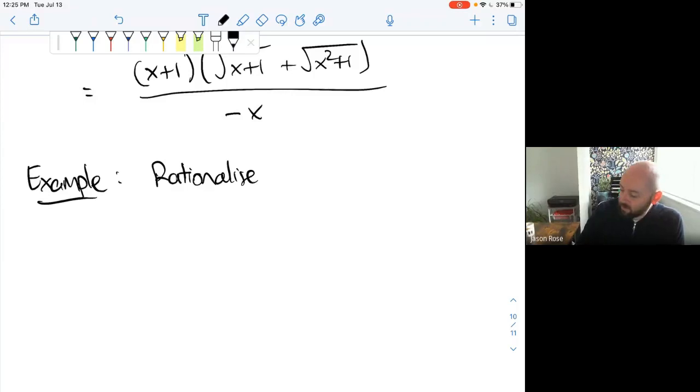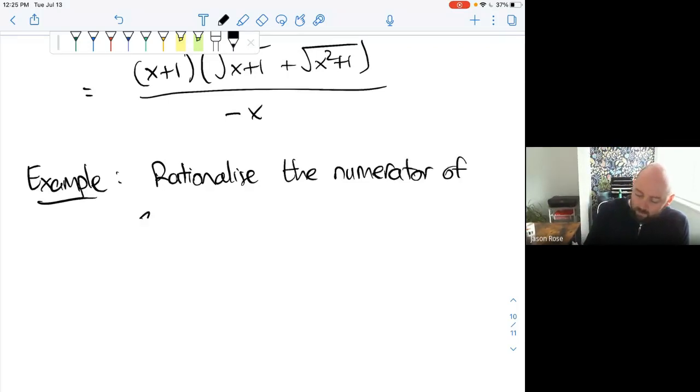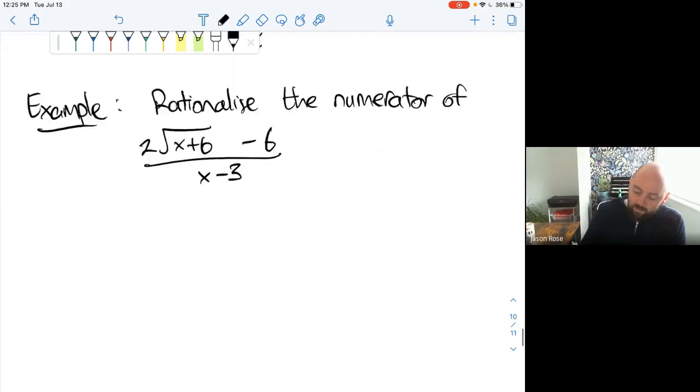This time it's rationalize the numerator of 2 times root x plus 6 minus 6, divided by x minus 3, and simplify. So the same instruction as last time, except this time we're rationalizing the numerator.